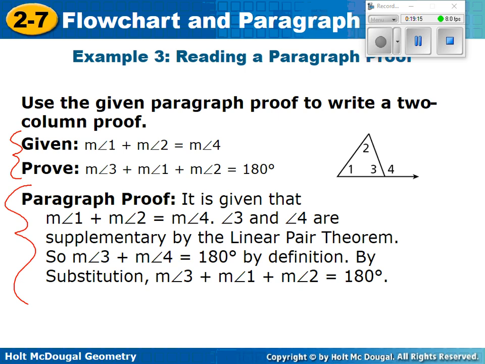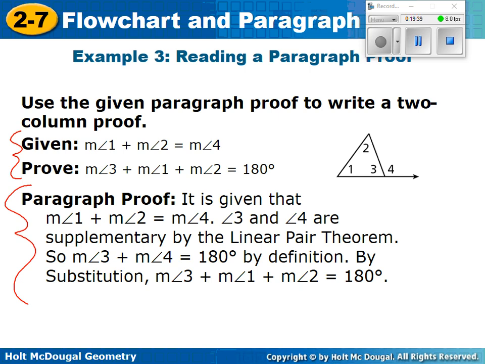Definition of supplementary. They say by definition because previously they had used the word supplementary in their paragraph. So they're just saying by definition of the word previously. You have to be able to read that and understand that they meant the definition of supplementary. Okay, you cannot just put definition down.